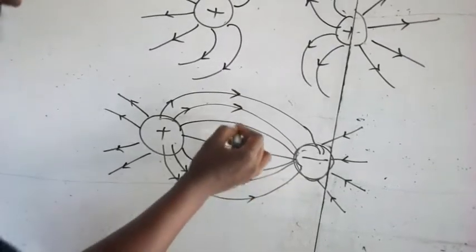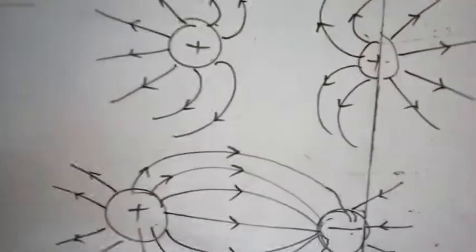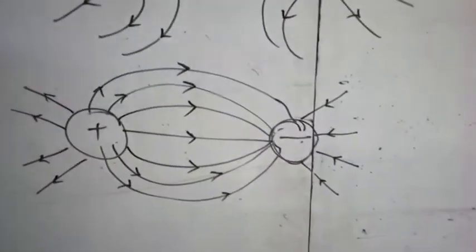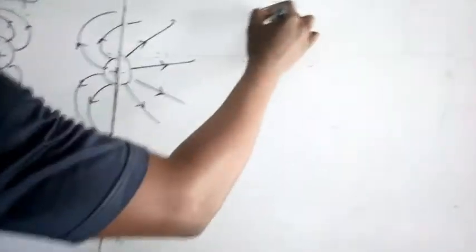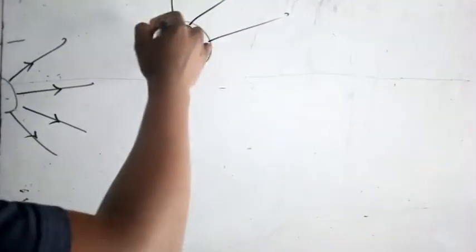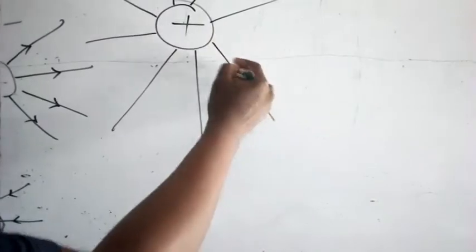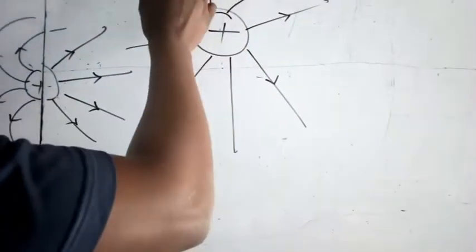You notice that the electric field lines are not crossing each other. They are really isolated. Let me draw an isolated charge. We have this. Have you seen? They are not crossing each other. They can't cross each other. That's one of the properties that we know.